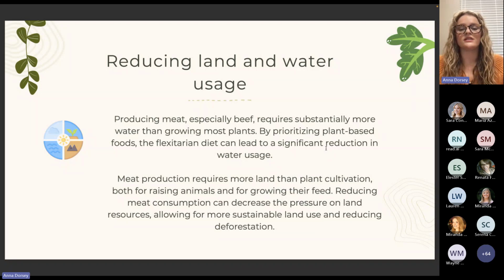Meat production also requires a lot of land because you have to raise your animals and you have to help them grow by feeding them. And so when you reduce your red meat consumption, it can decrease the pressure on your land resources, and it allows for more sustainable land use. So it's important to keep in mind.